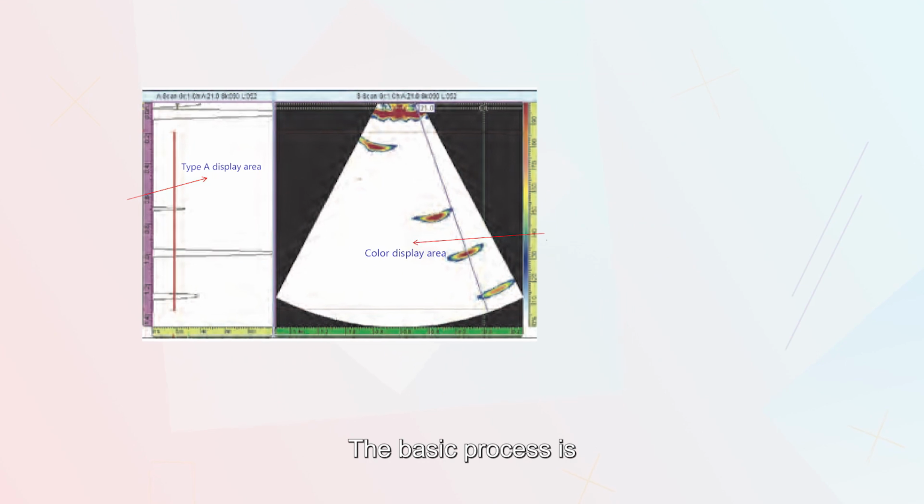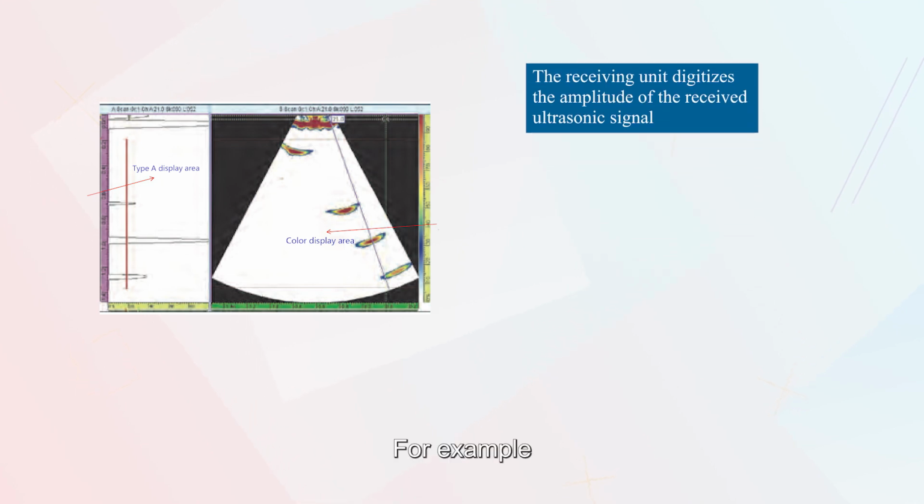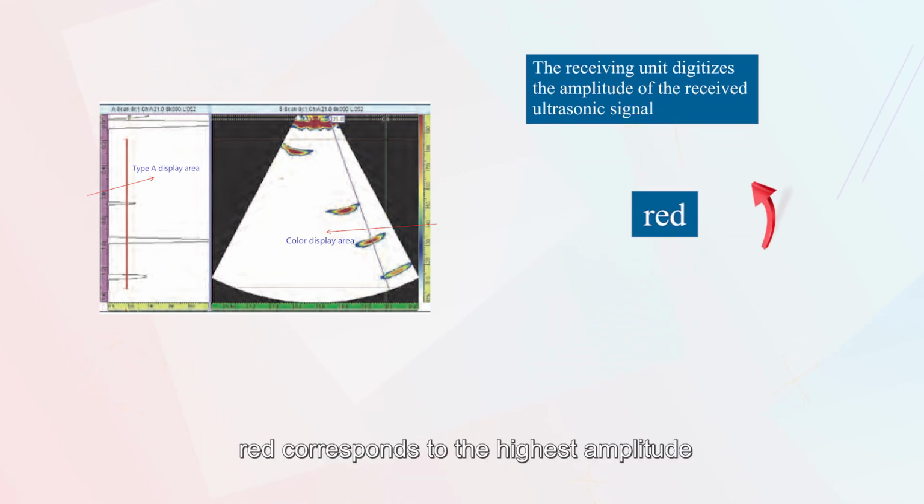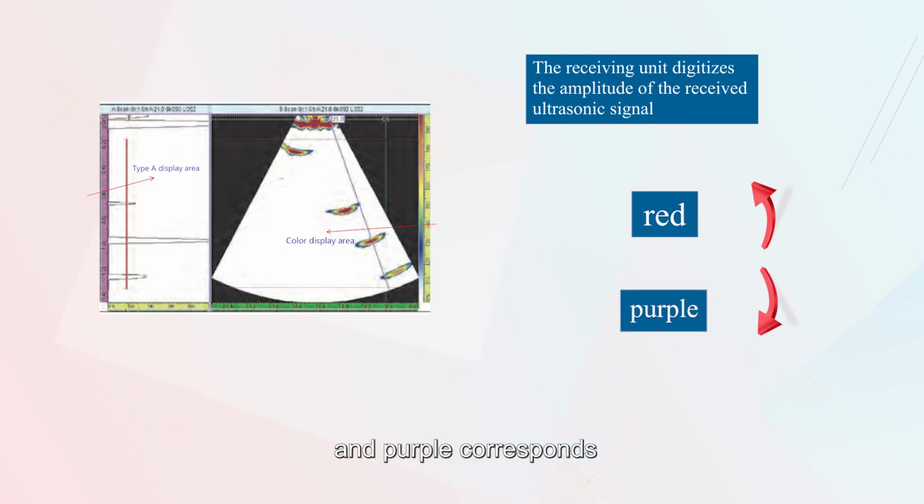The basic process is: first, the receiving unit digitizes the amplitude of the received ultrasonic signal, and different numbers correspond to different colors. For example, red corresponds to the highest amplitude, and purple corresponds to the lowest amplitude.